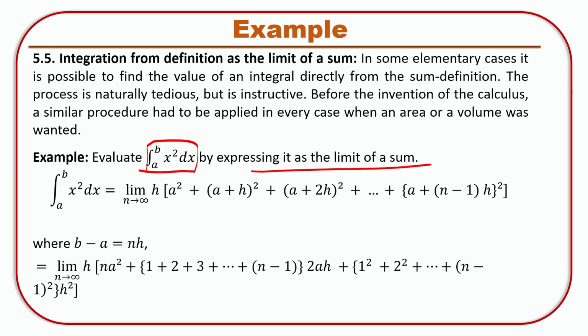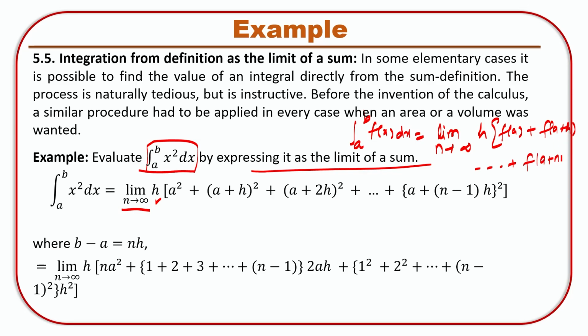Remember the formula: the integral of f(x) dx is the limit as n tends to infinity of h into f(a) plus f(a plus h) and so on, up to f(a plus (n minus 1)h), right. This one was the formula. So, I am going to use this one here.